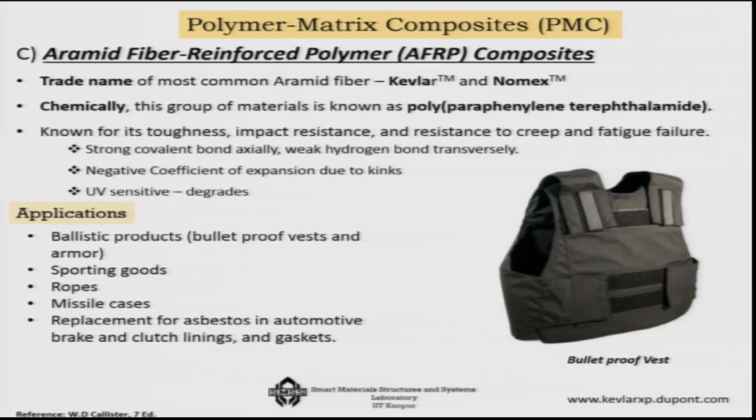Aramid fiber reinforced composites are generally used for making bulletproof jackets, as you can see. They are good in terms of shock absorption, and that is why they are used in these cases.